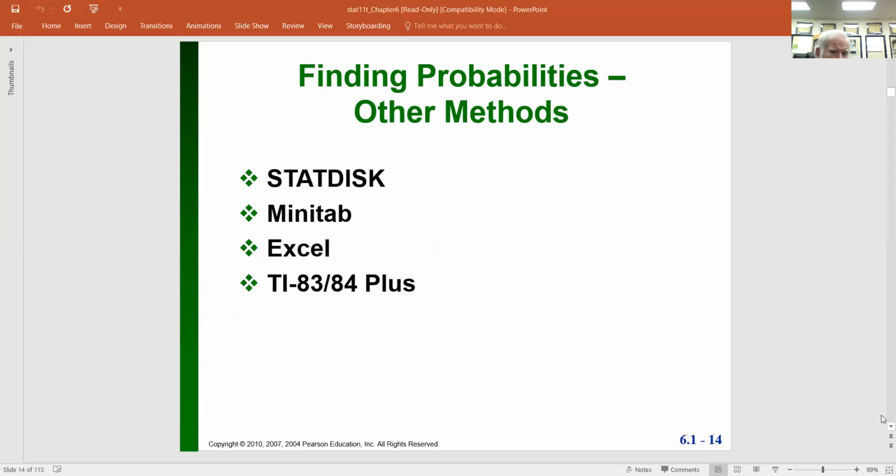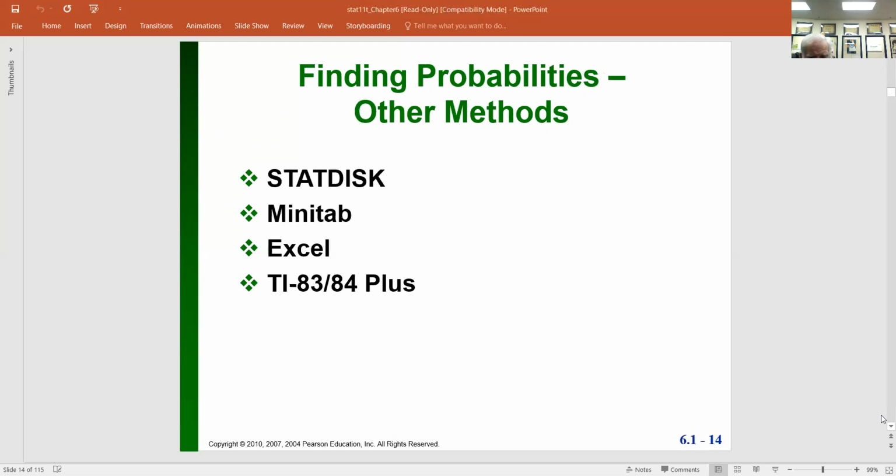There are other methods. We're not going to go into that. We can use Excel. We can use various other software forms. I think StatDisk is on the disk that comes with your text. Some of you may actually have the disk.